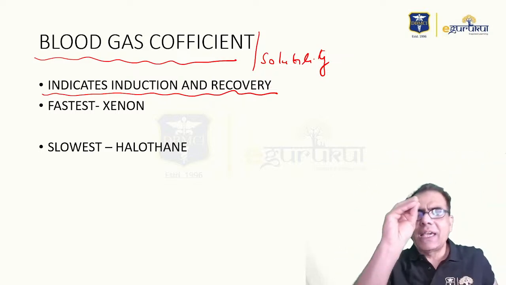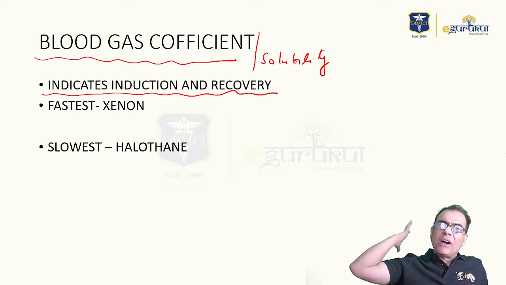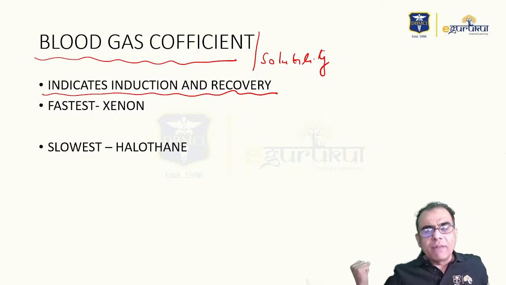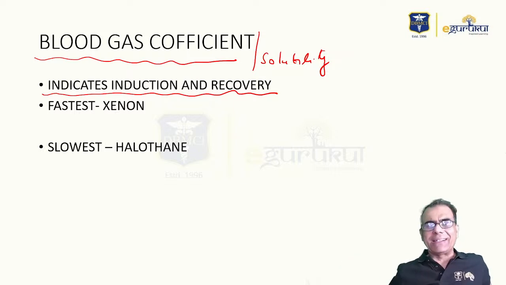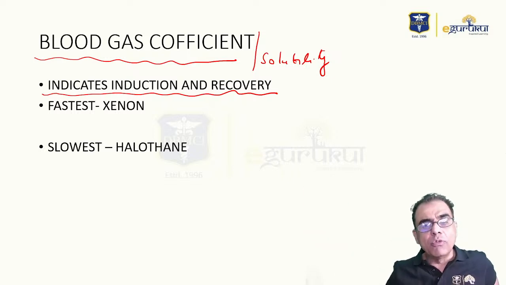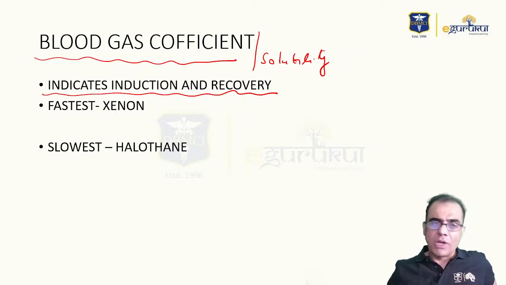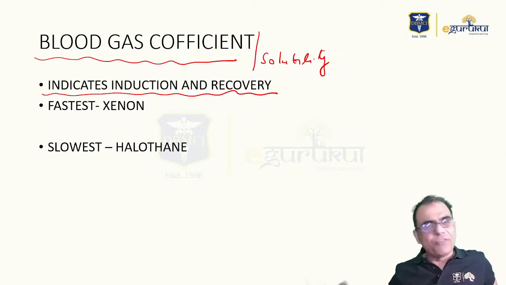If an agent is less soluble in blood, it will be easy for the brain to extract it from blood, so induction will be faster. Similarly, at the time of recovery, if an agent is less soluble in blood, it is easy for the lungs to take it from blood and extract it, so recovery will also be faster. So an agent having less blood gas solubility will have faster induction and faster recovery.